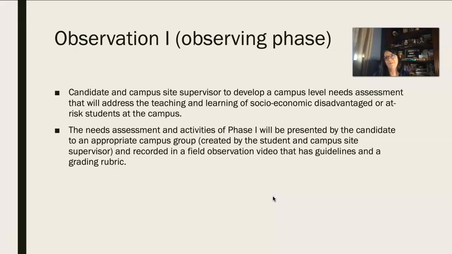The needs assessment and activity of phase 1 will be presented by the candidate to an appropriate campus group. That group is going to be created by the student and the campus site supervisor, and they're going to record that presentation for their field observation video that has guidelines and a grading rubric.